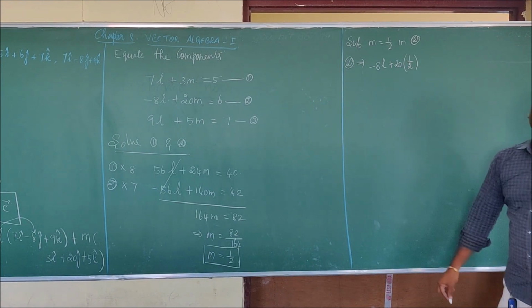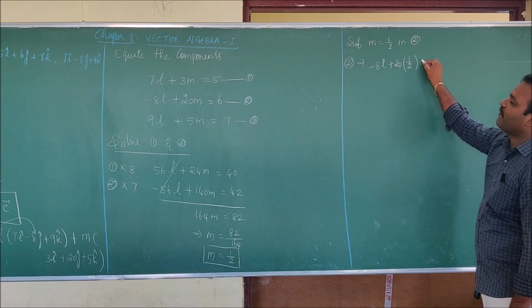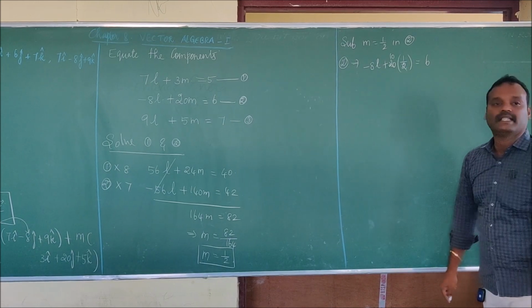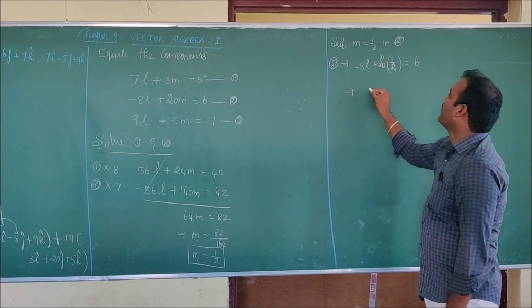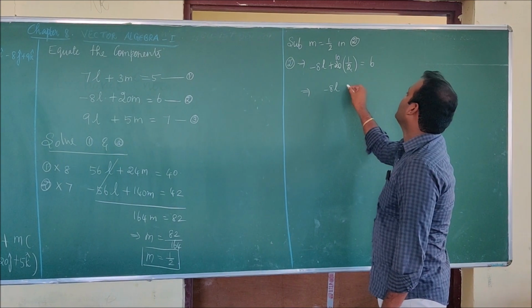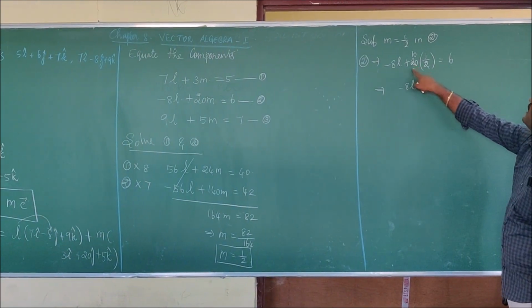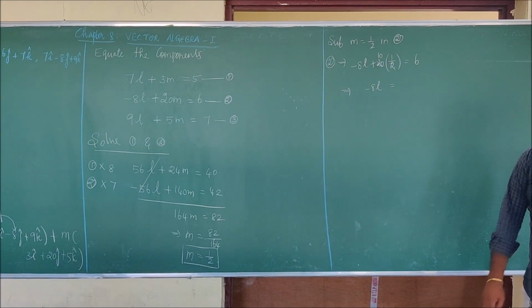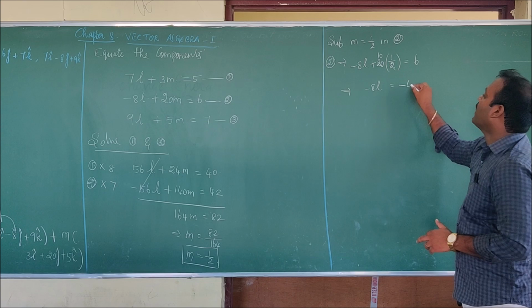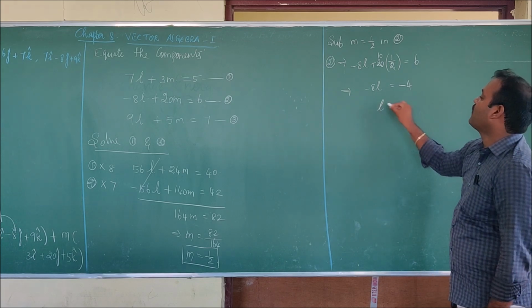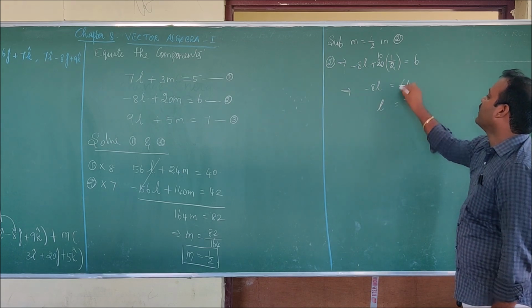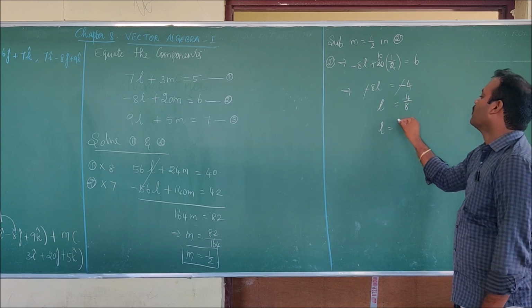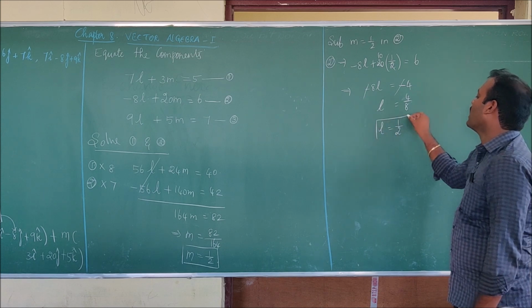Which is nothing but 1 by 2. Okay, next step, which is equal to 6. When you cancel this, you will get this as 10. So which implies that minus 8L is equal to, when this 10 goes to the other side, it will become minus 10. Okay, 6 minus 10 is nothing but minus 4. The value of L is equal to, this minus and minus will get cancelled, so you will get 4 by 8. So L is equal to 1 by 2.